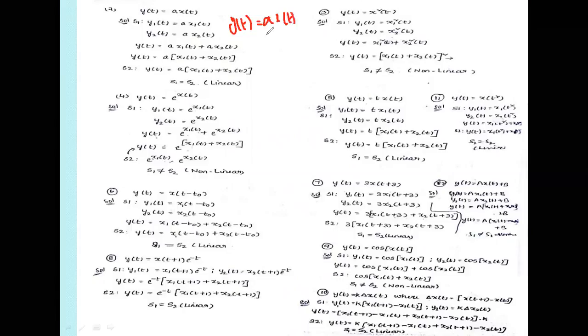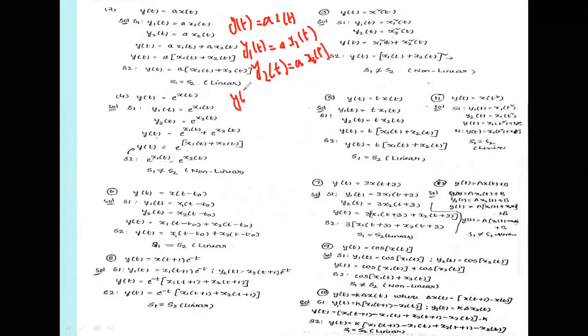So here also, by the input of x1, the response is y1. And by the input of x2, the response is y2.